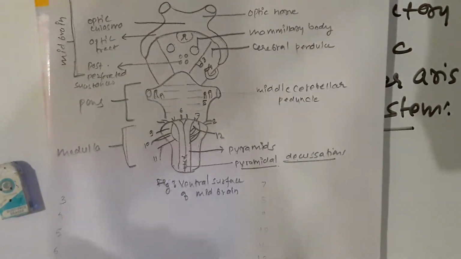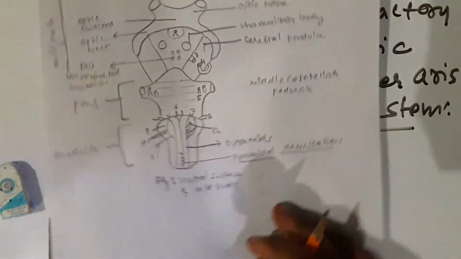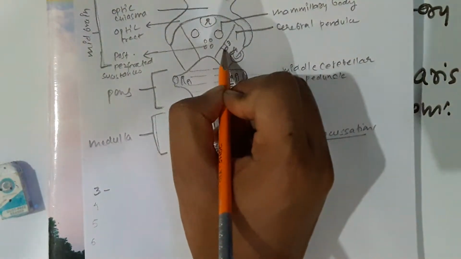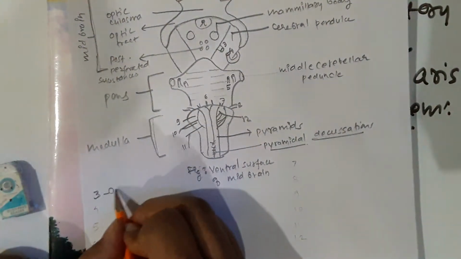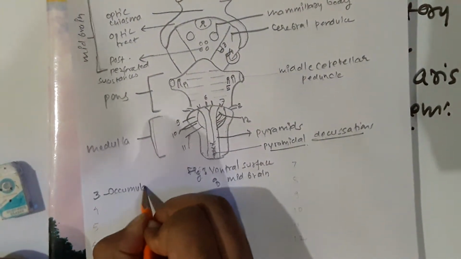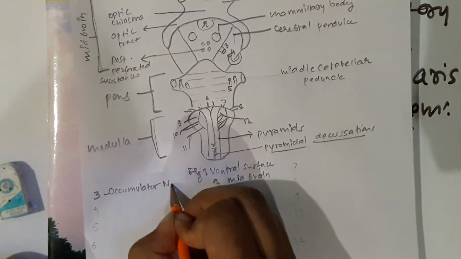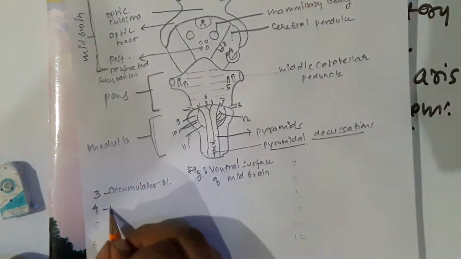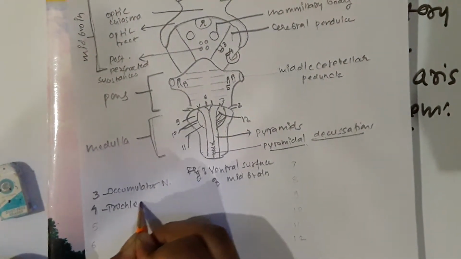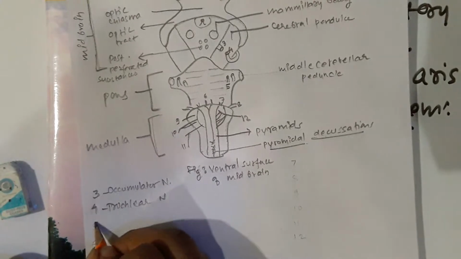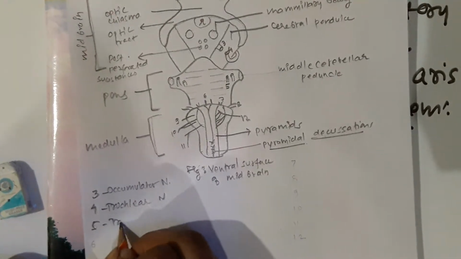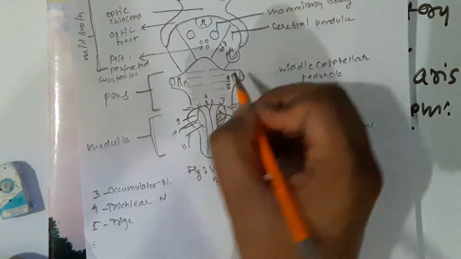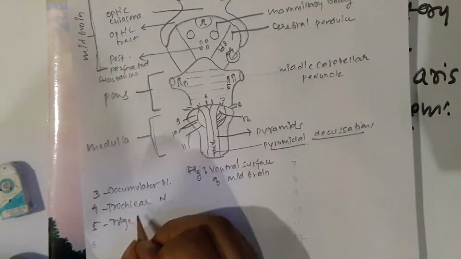The number 3 is the oculomotor nerve; I'll write N for nerve. 4 is the trochlear nerve. 5th is the trigeminal, with lateral sensory, medial motor. M for medial, M for motor.